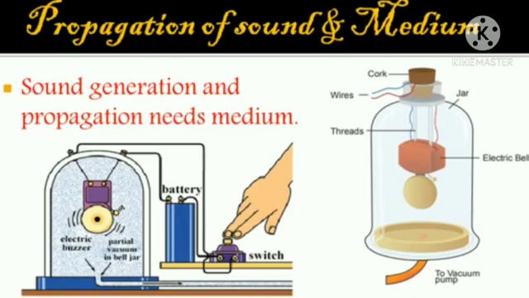If the pump is operated for a sufficiently long period, the quantity of air inside the bell jar will be low, and at this point the level of ringing sound will also be very low. So this experiment demonstrates that sound generation and propagation need a medium.